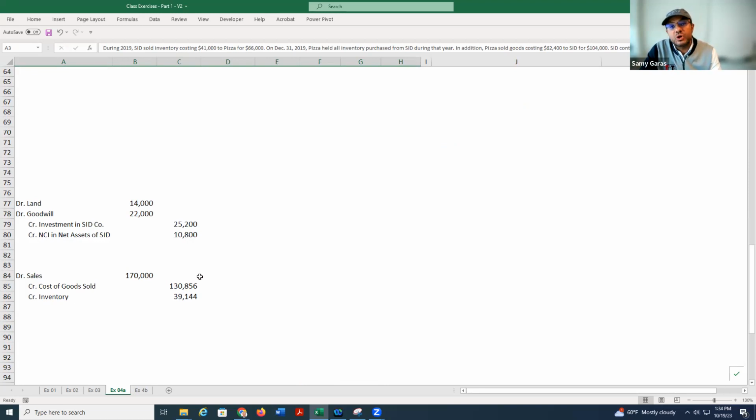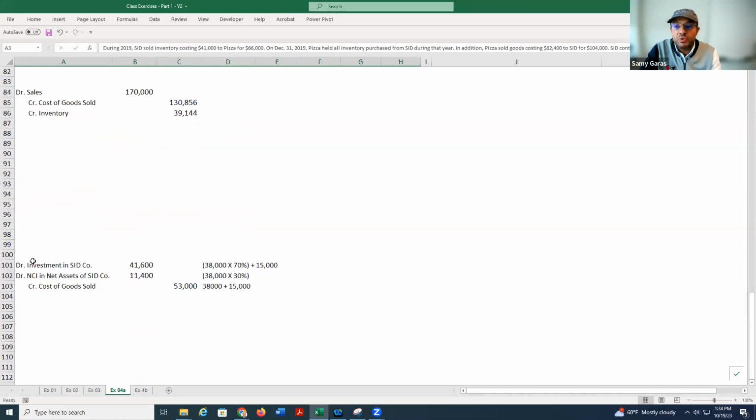How can I close off the unrealized gain from prior year? We close it off here, where we debit the investment by the parent portion. If you remember, we had 38 that we divided between the subsidiary and parent, and this one for the downstream.